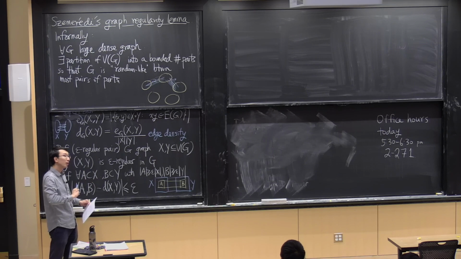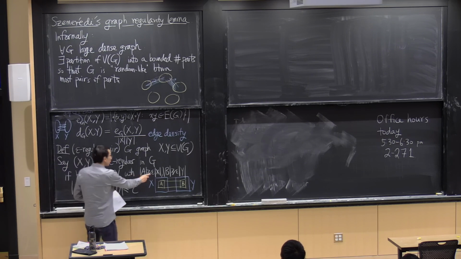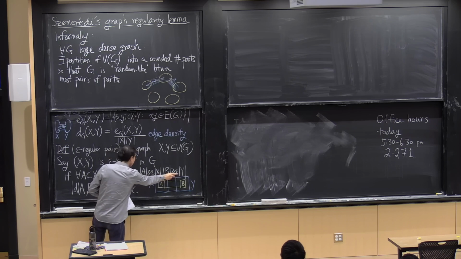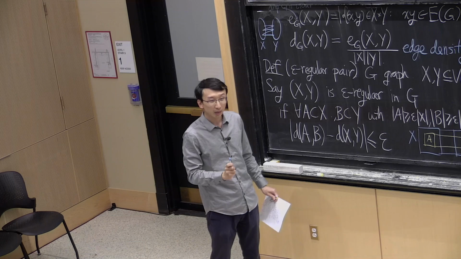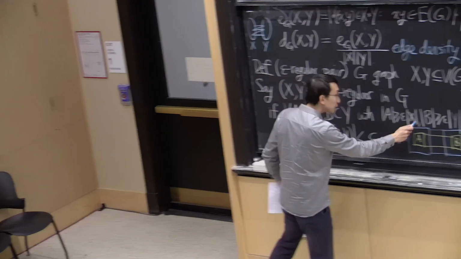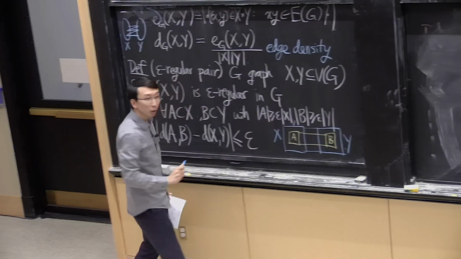Yes, question? Why are we using the same epsilon for the size of A and for the density? Okay, the question is why are we using the same epsilon here, here, and there? That's a great question. That's mostly out of convenience. You could use different parameters, and they do play somewhat different roles.